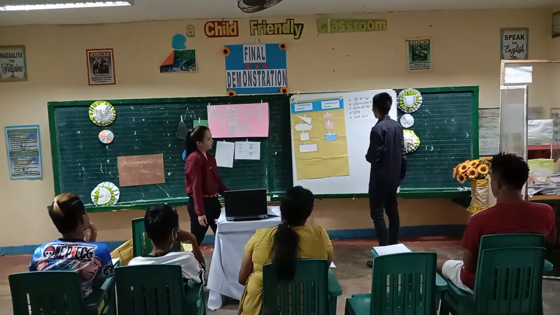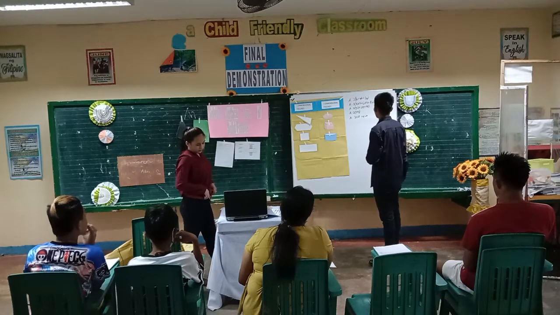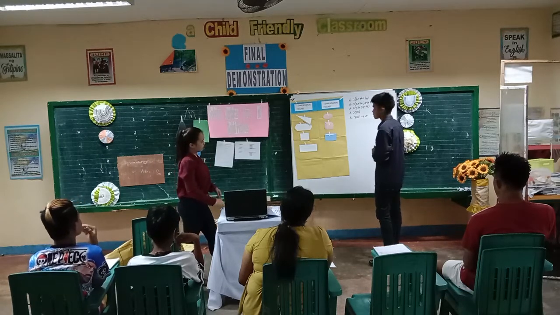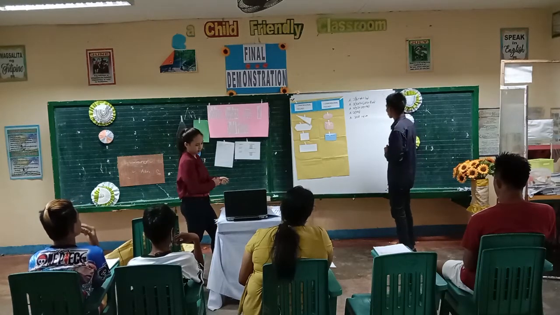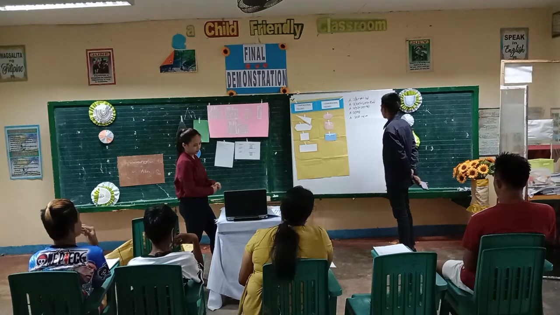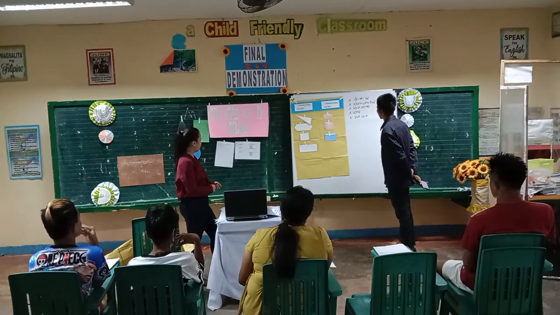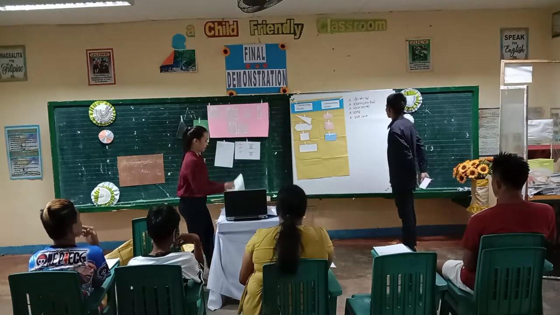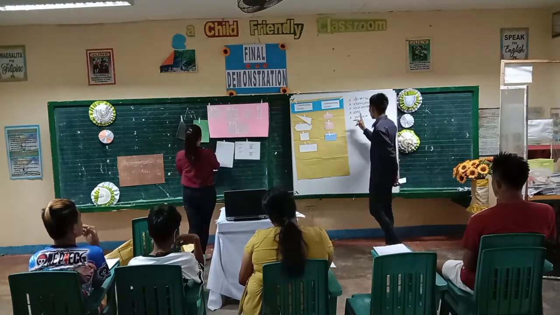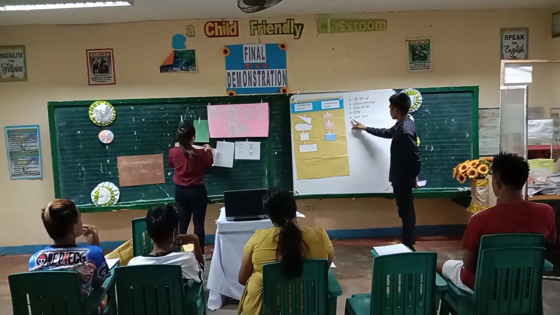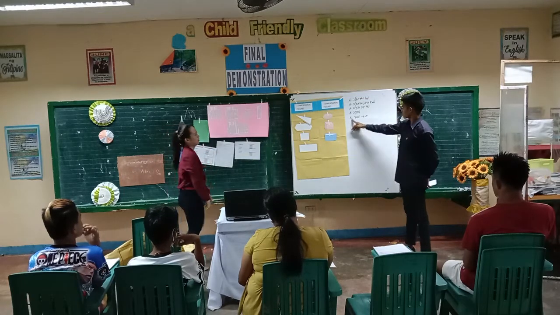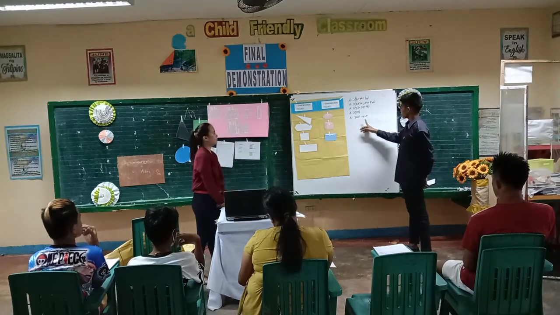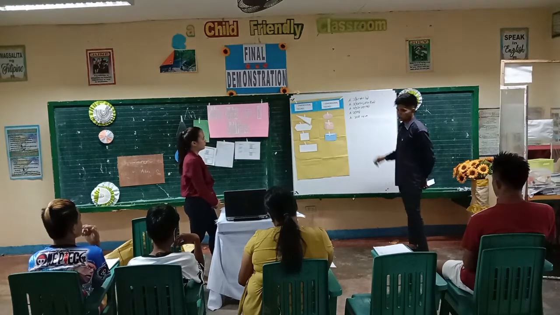So A equals 2 times 8 times 4 plus 6 times 4 plus 8 times 6. A equals 2 times 32 plus 24 plus 48. And A equals 2 times 104. So the area of the rectangular prism is A equals 208 square centimeters.